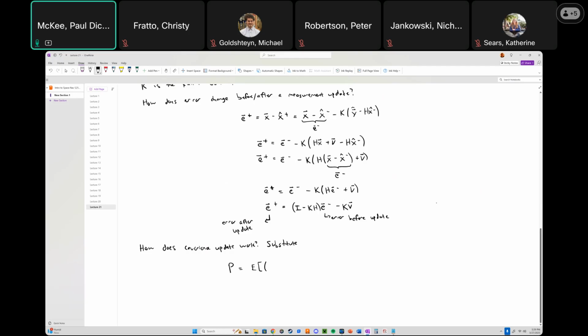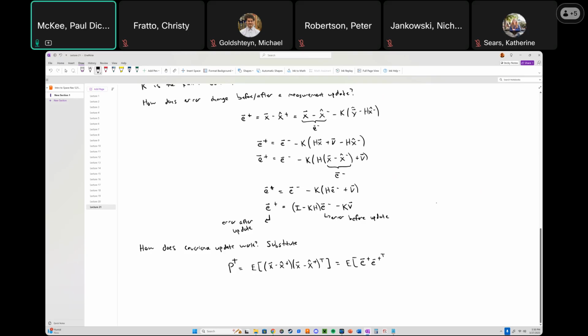In this case, our covariance after we're done with our update, so P plus, is the expected value of (X minus X hat plus)(X minus X hat plus) transpose. Okay? Which, if we go through, X minus X hat plus, that's just our error, right? This is our after error. It's just going to be the expected value of our error times our error transpose.